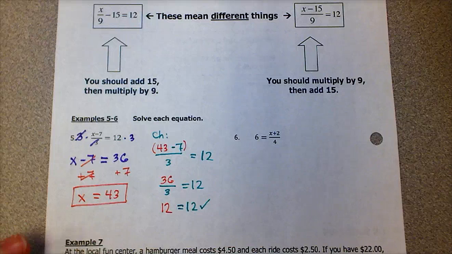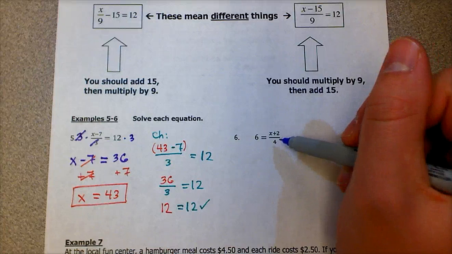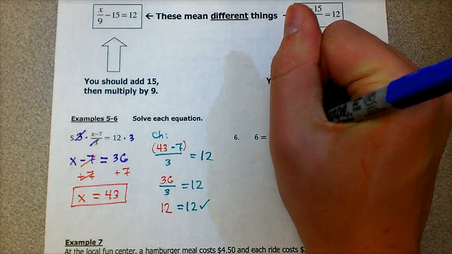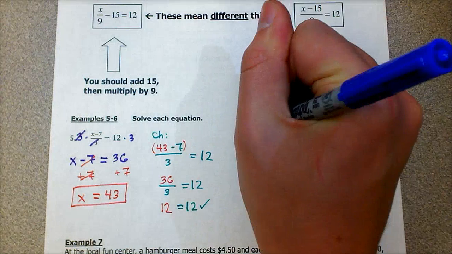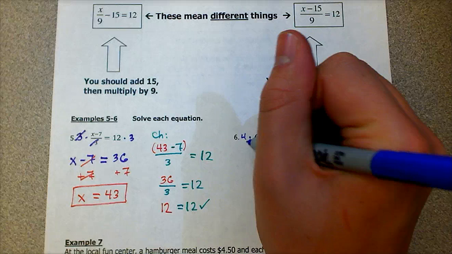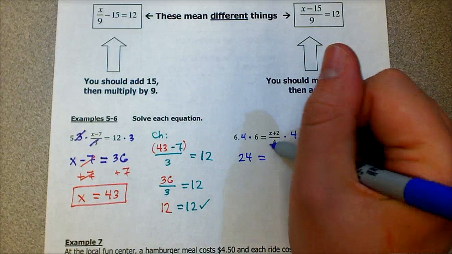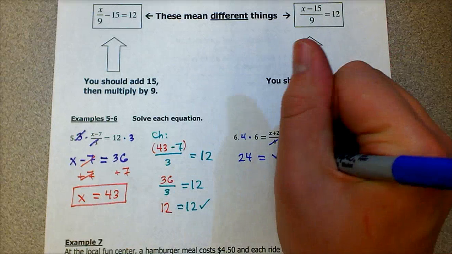Okay, number 6, similar problem. We have 6 equals x plus 2 all divided by 4. So I undo my division first to get rid of this 4. On the left side, 4 times 6 is 24. On the right side, my 4's cancel, and I'm left with the numerator x plus 2.